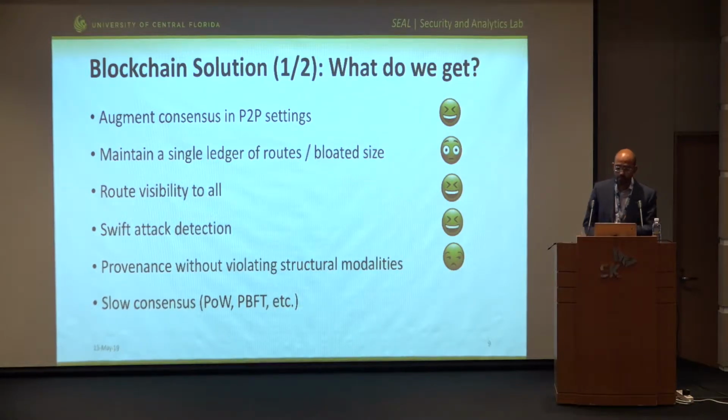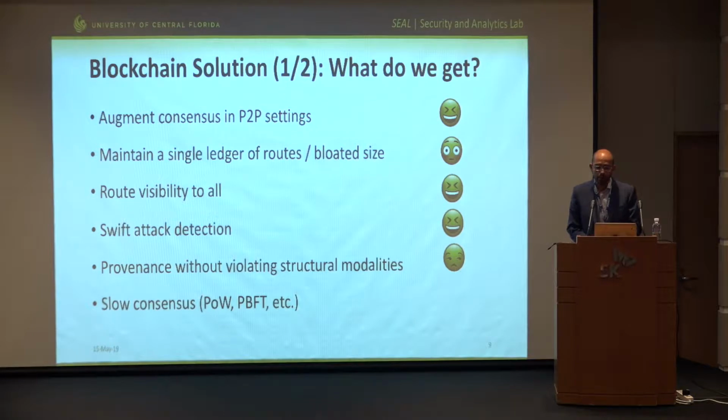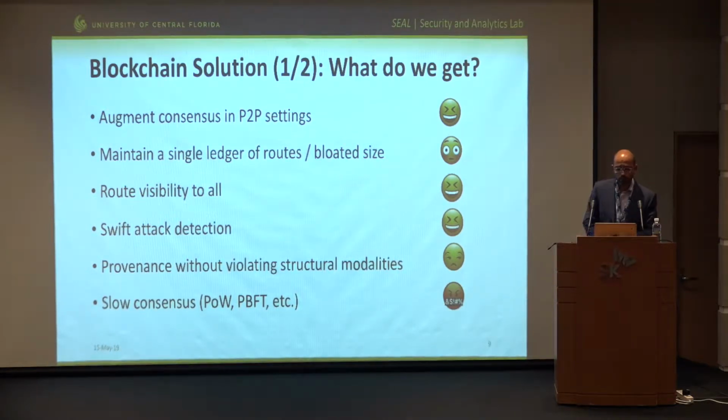We will have something that is really meh, such as provenance without violating structural modalities, in the sense that those modalities are actually associated with relationships within communities. And we will also have a slow consensus, which is quite bad in the sense that you want to do things in a quite fast fashion so that any anomalies can be detected.